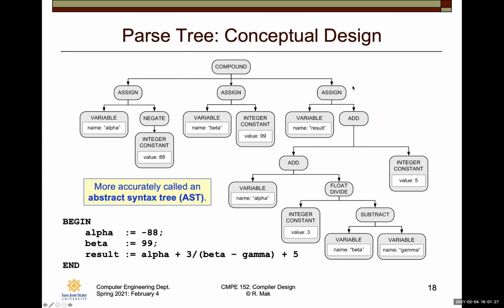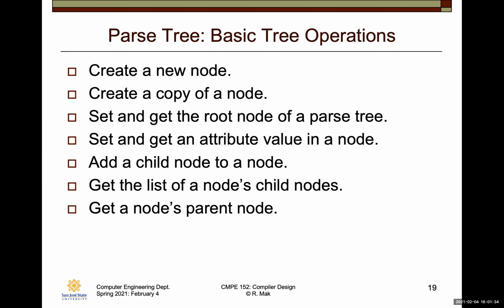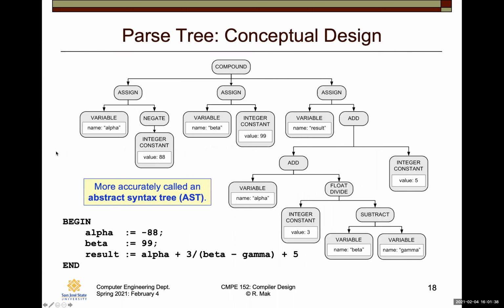Well, it's these 3 assignment nodes. So given a node, we want to be able to get a list of its children. And then given a node, we want to know what its parent is. If you're given this node, what's the parent? Well, you want to be able to say that the parent is the compound node. So these are very, very basic tree operations, and given that our intermediate code is going to be in the form of a parse tree, we will be doing those operations.